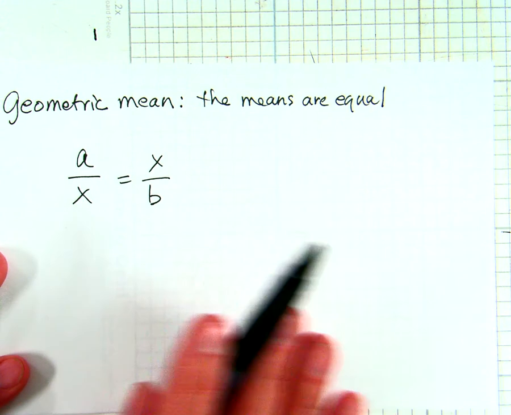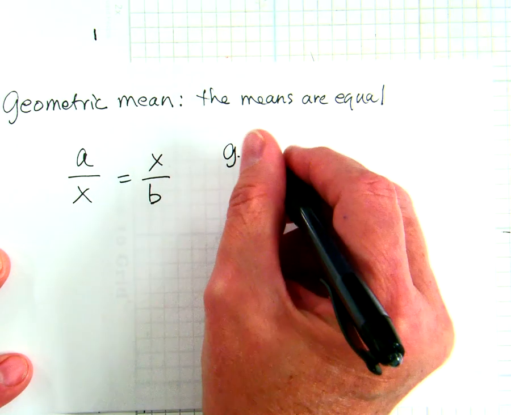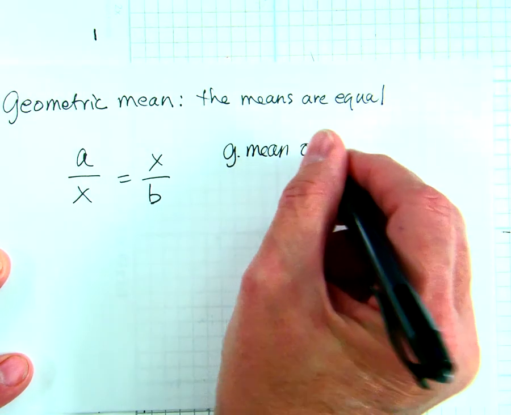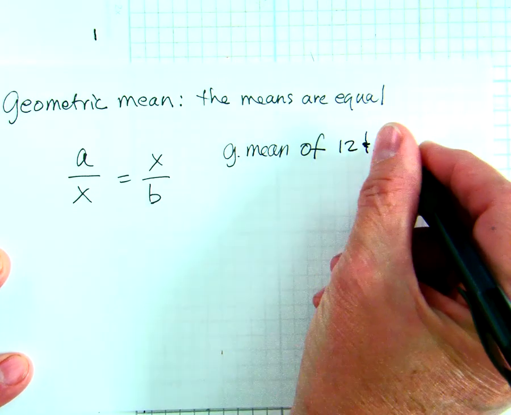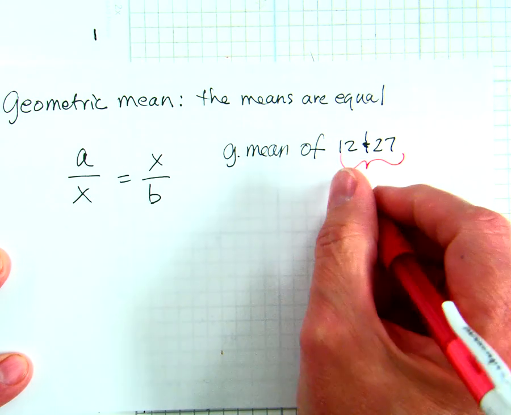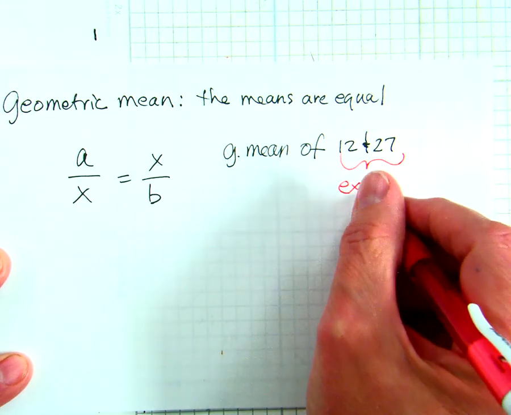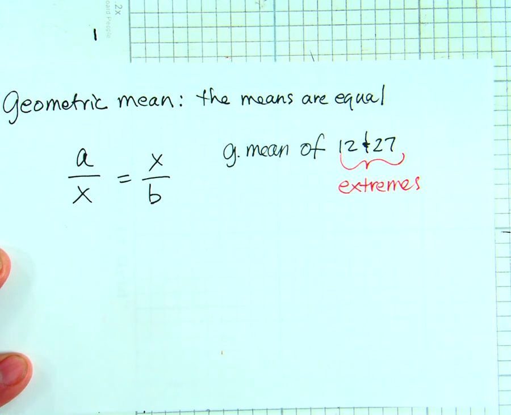Well, let's work one out. Let's do the geometric mean of 12 and 27. So 12 and 27 then will be the extremes. We'll place those in the location for extremes.